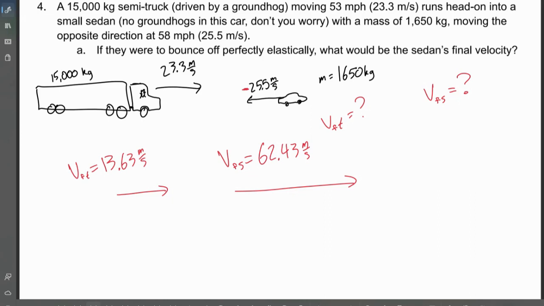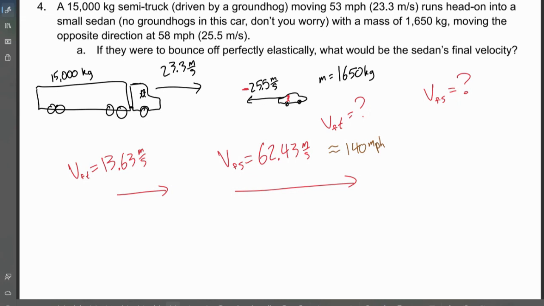So this means the truck slowed down. The truck went to a little over half of its velocity. But the sedan, whoever was driving it, just went from 25.5 meters per second in one direction, so 58 miles per hour, to 62.43 meters per second, which is roughly equivalent to about 140 miles per hour.